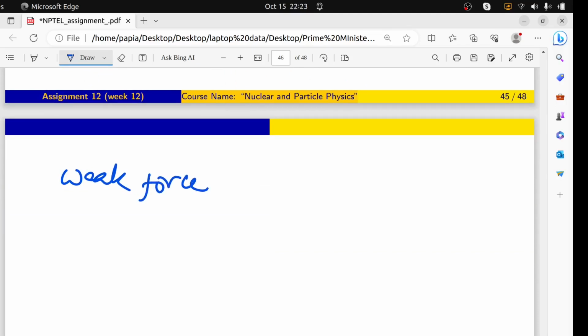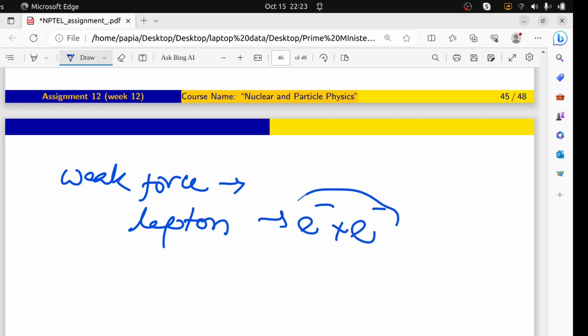Weak force will be there because it is a lepton. E minus, E minus. So in the E minus case, as these are lepton particles, there will be a weak force between them. And also, if E minus is there, that means nu E bar is also there, right?